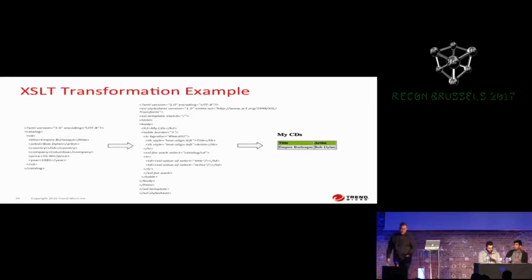So an XSLT transform, really simple, looks like this on the screen. It's probably hard to read in the back, but this XML on your left is an XML that contains a catalog with multiple CDs, with a bunch of metadata related to the CD itself. And then in the middle here, there's actually an XSLT document that's going to transform that XML into the HTML that you see on the screen.